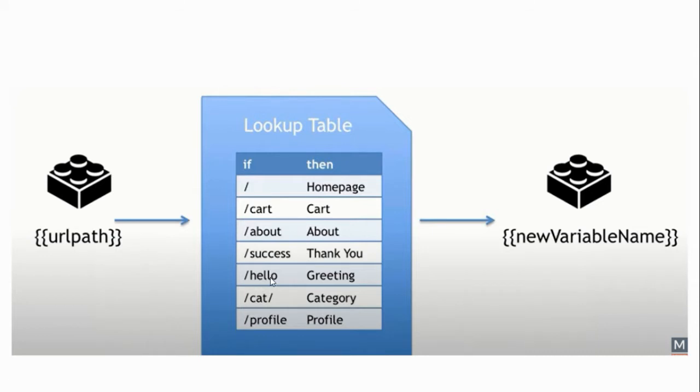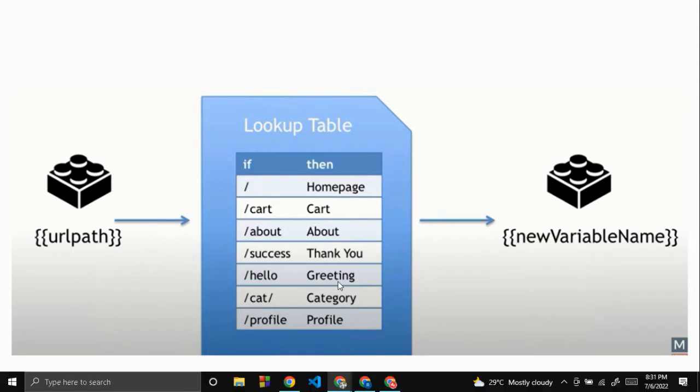For example, if I've written this slash hello and then I add a slash here, it will create some problem. So it should be an exact match. If the condition is true, that means the URL path matches, then give the output, like the new variable name as greetings.